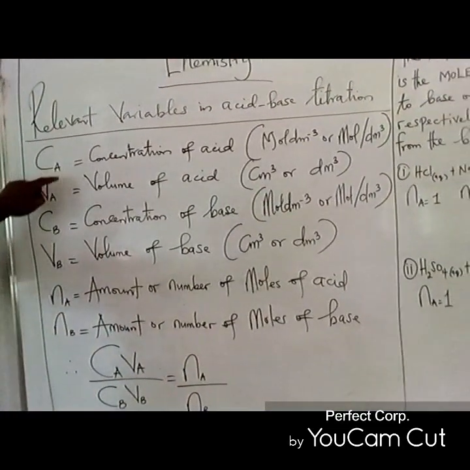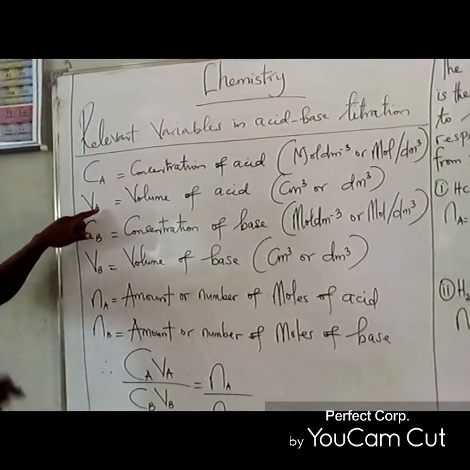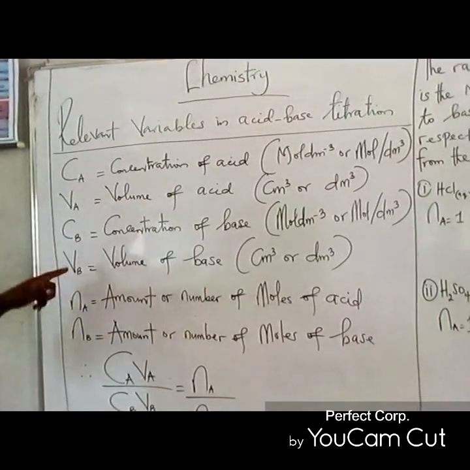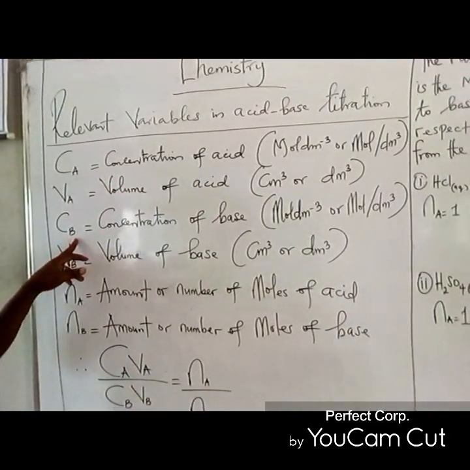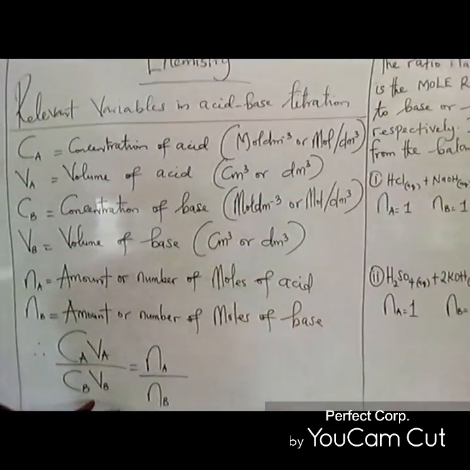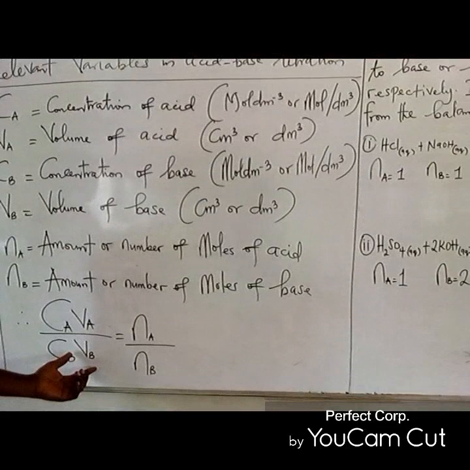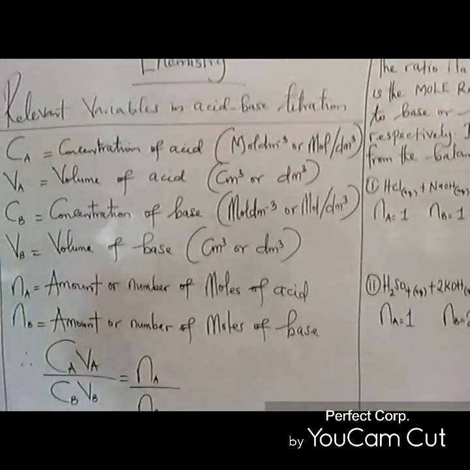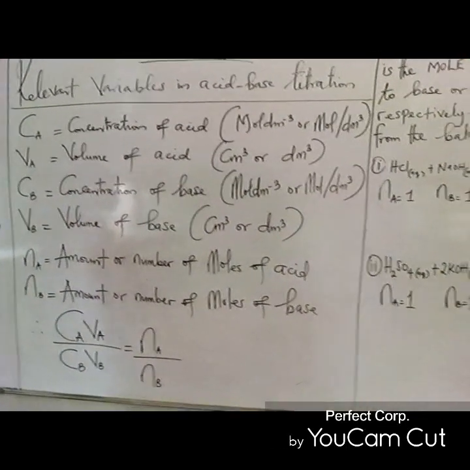Whenever you see A, just have it in mind that you're talking about acid. Whenever you see B, have it in mind that you're talking about base. So basically, these are the 6 variables in acid-base titration.